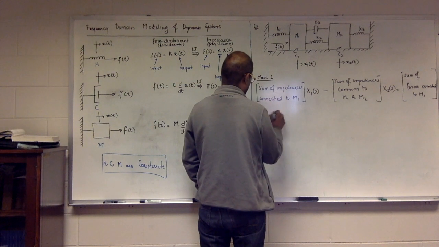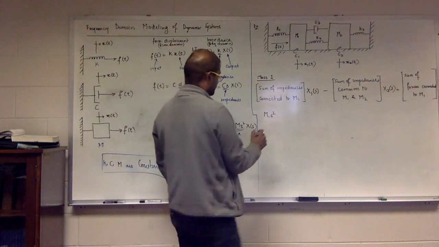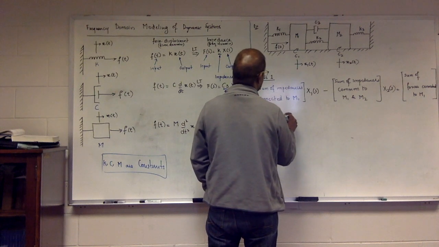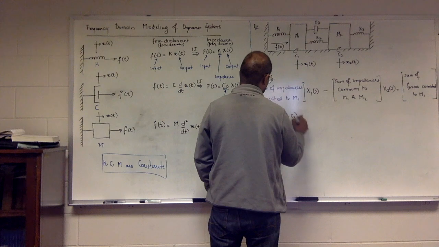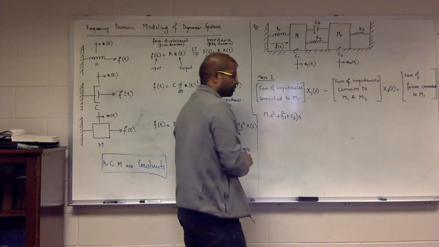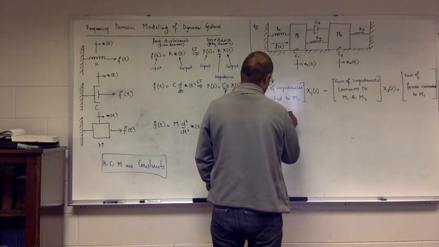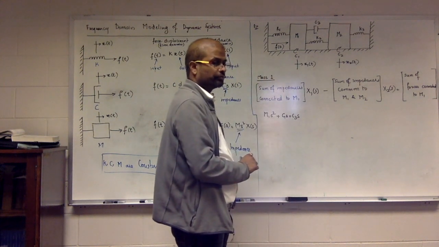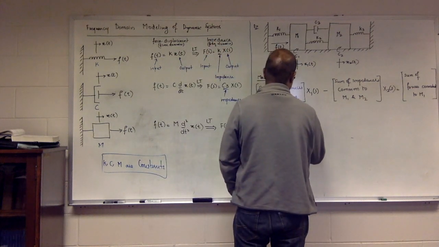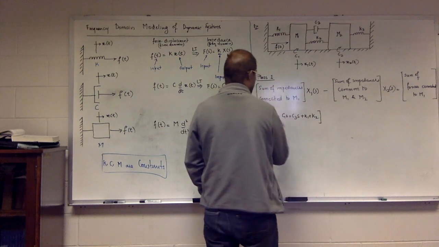M1 s square, that is the first one, plus C1 plus C3 times s, so C1s plus C3s, plus K1 plus K2, into x1 of s.